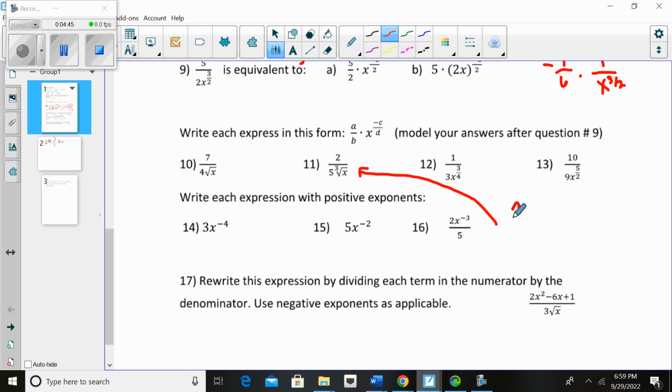We're going to rip the expression apart, so that would be 2/5. And over here, I hope we know that the cubed root of x is actually x to the 1/3. So we've got x to the 1/3 in the basement. Bring it upstairs and it becomes x to the negative 1/3.